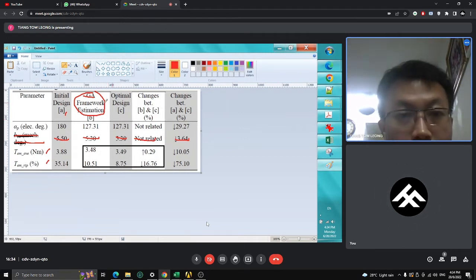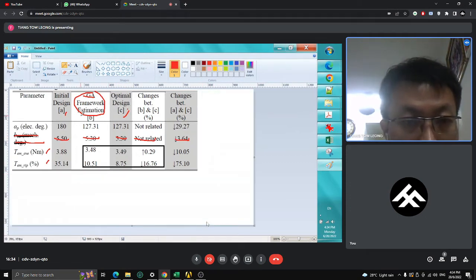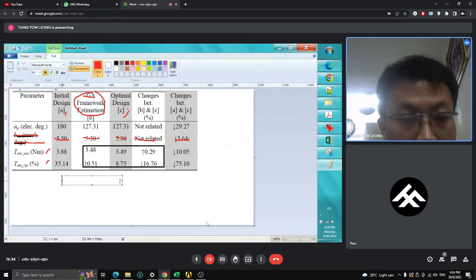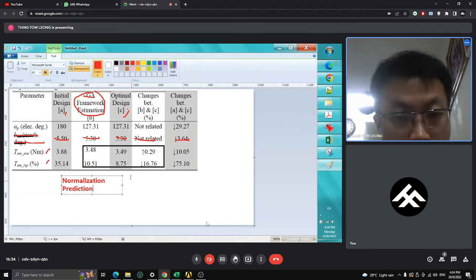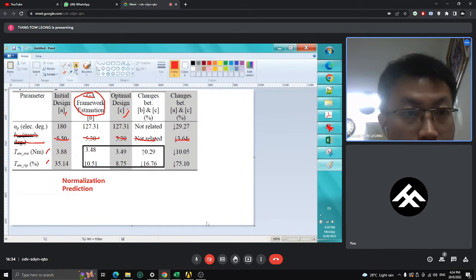Normalization prediction. Lepas tu dapat satu optimal design. This optimal design from FEA tambah ni. This one maybe we put normalization prediction. Then this one we put, right?